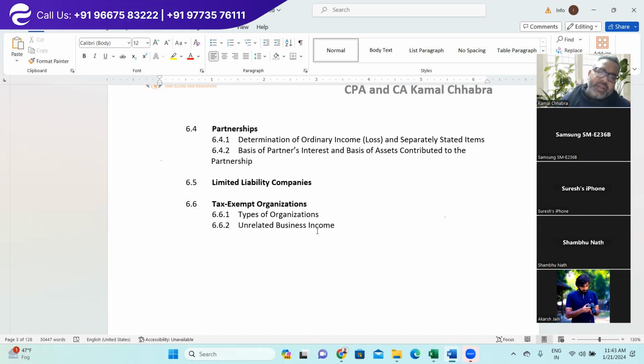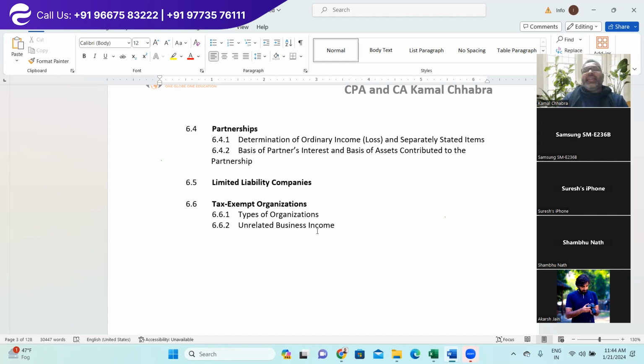That we'll also be discussing, along with certain interest and penalty provisions that have recently come in for the partnership firm. An additional requirement by the IRC, which came in with the TCJA Act 2017, we'll also discuss here. A limited liability company is similar to a partnership and S corporation.